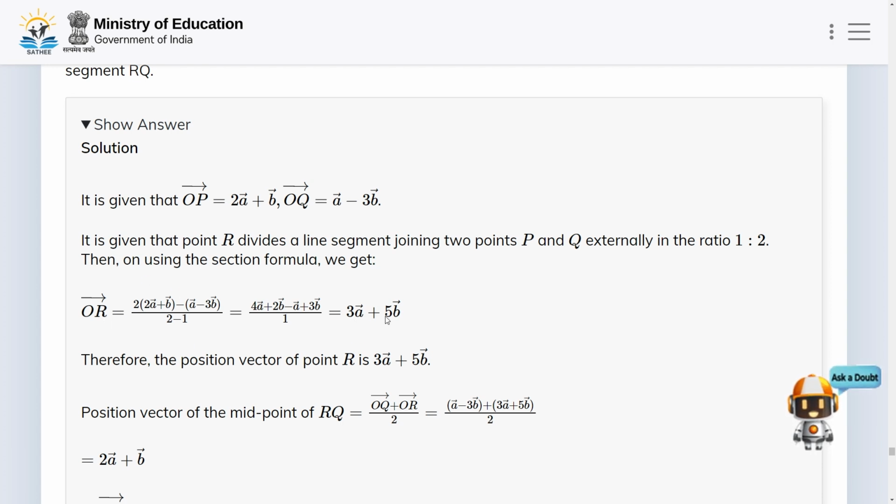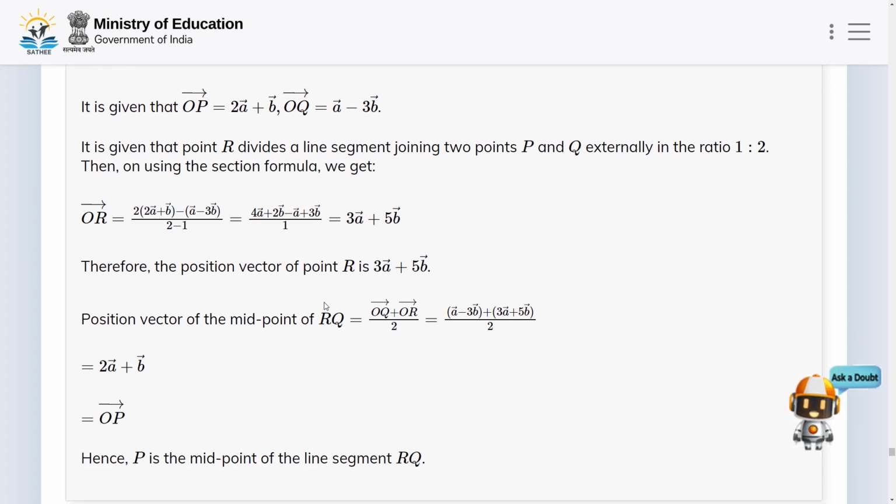you will have 3a plus 5b. This formula is for a line segment. A point R divides a line segment in what ratio? Externally. If it divides externally, then the formula will be, as we have already seen, so we just applied that and you will get the position vector for R as 3a plus 5b.